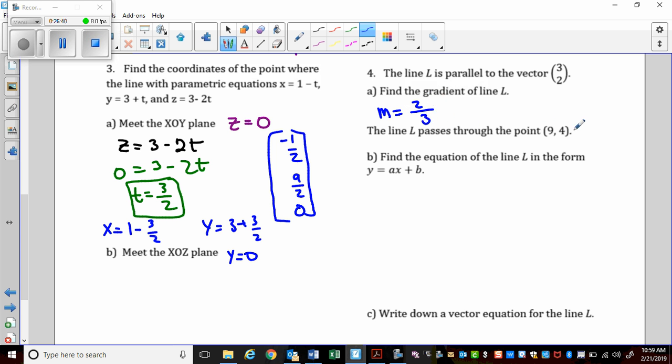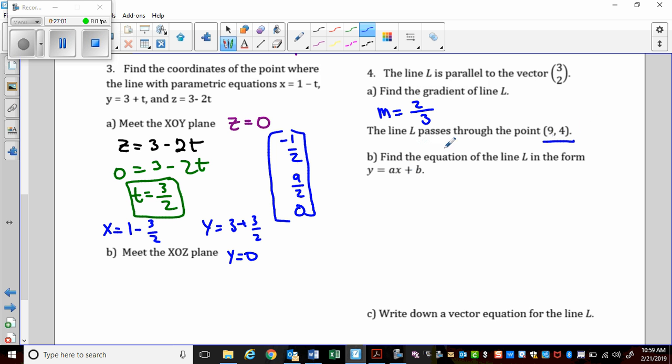The line L passes through these points. Find the equation of the line in the form y = ax + b. Okay, so I'm going to use this point, and I'm going to use my slope.